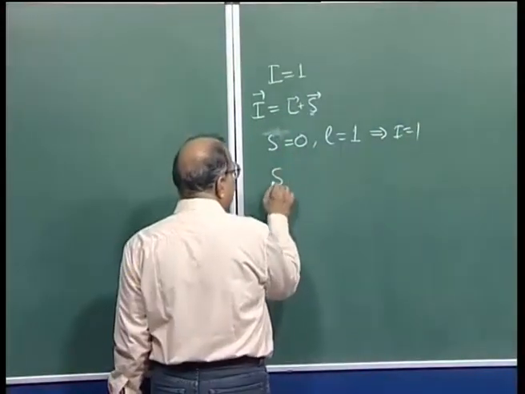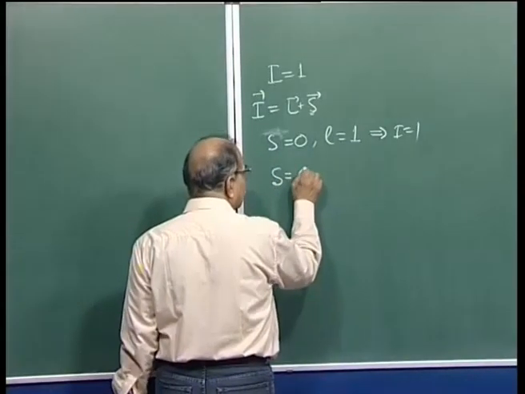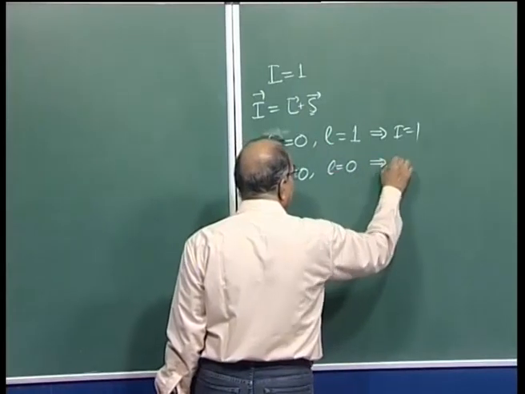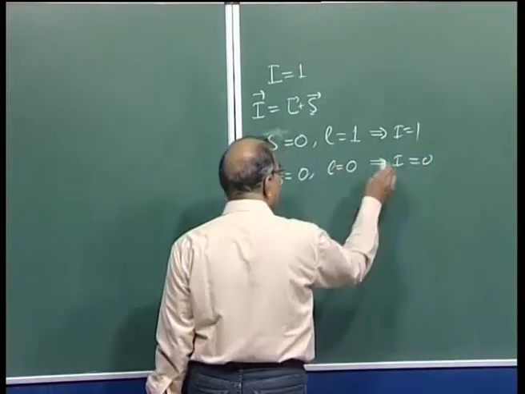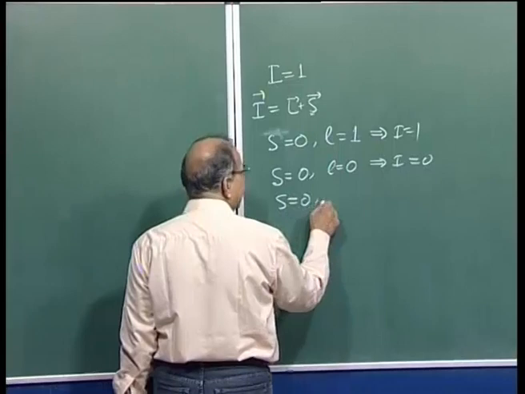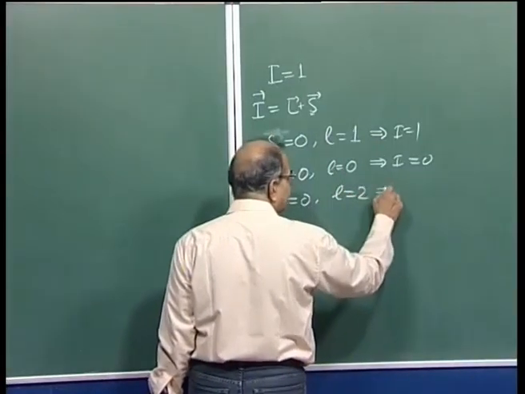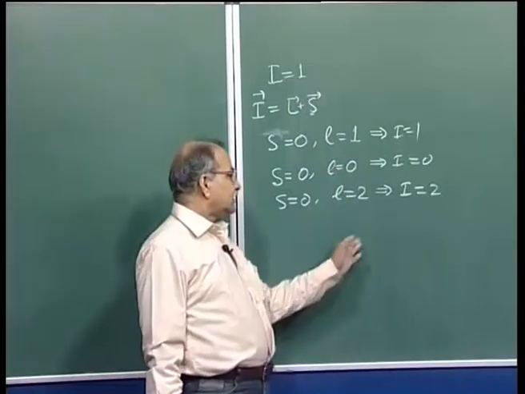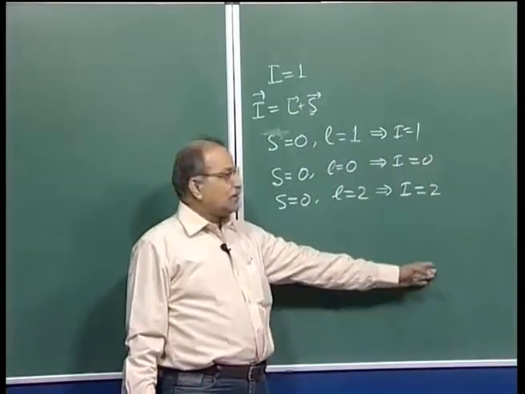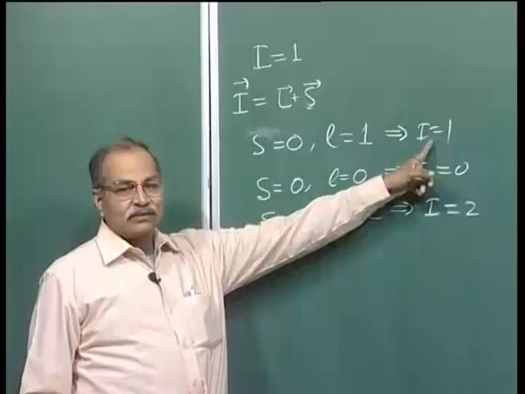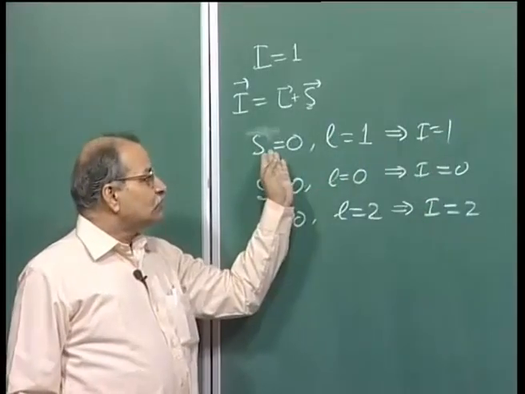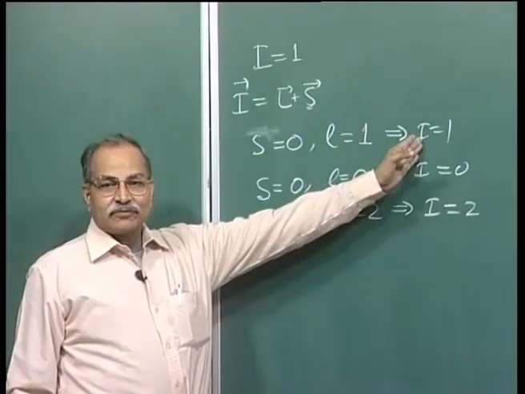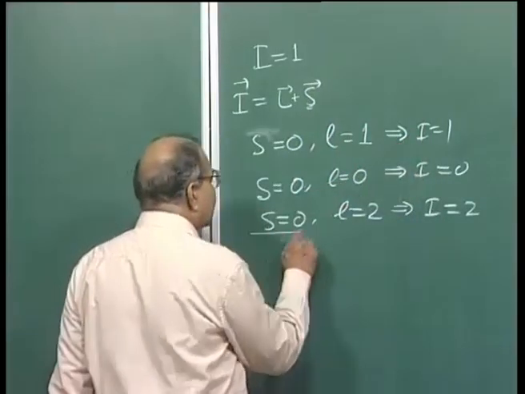If S is equal to 0 and L is equal to 0, what will you get? I equal to 0, 0 plus 0 is 0. If S is equal to 0, L is equal to 2, what will you get? I equal to 2. And if you increase L further, I will increase. I am only interested in this I equal to 1. So, with S equal to 0, you can have L equal to 1, then you will get I equal to 1.